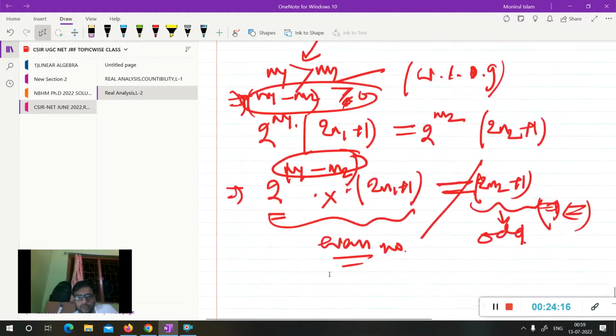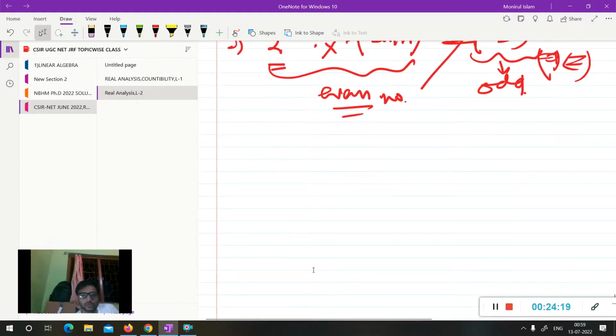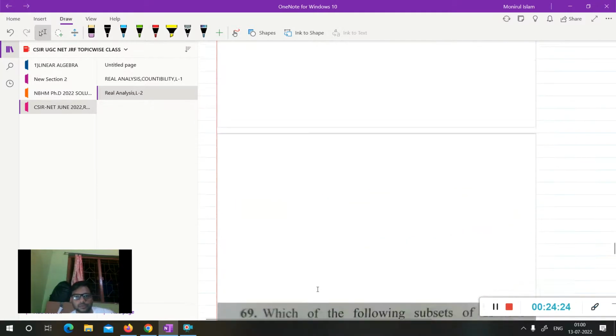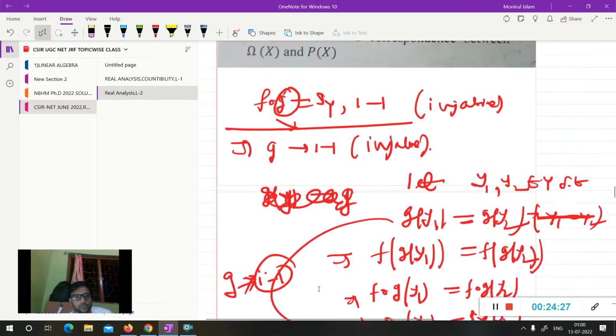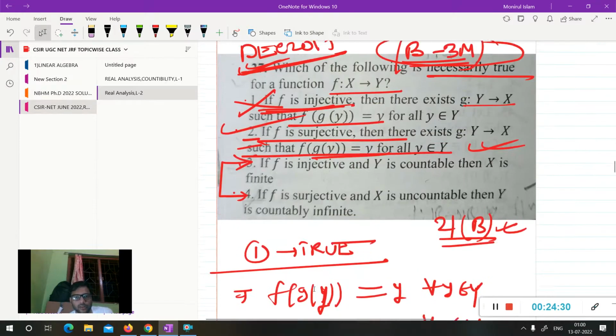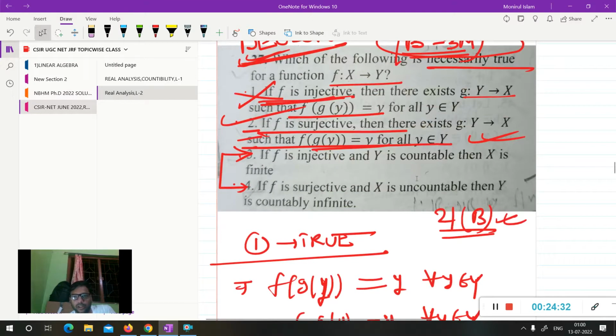For option 3, I am taking X as the set of natural numbers, and Y as Z, the integers, which we know is countable.